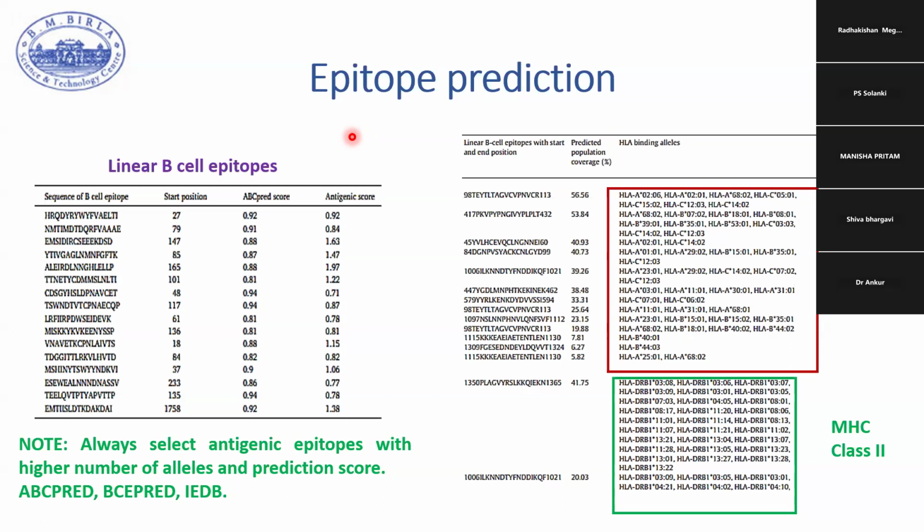Even if you have the same protein, the sequence will be different. It's a highly variable pathogen, so you have to choose which stage and which pathogen. It could be Plasmodium falciparum and vivax. In humans, most of the time, Plasmodium falciparum and vivax are predominant, so you can select either one.